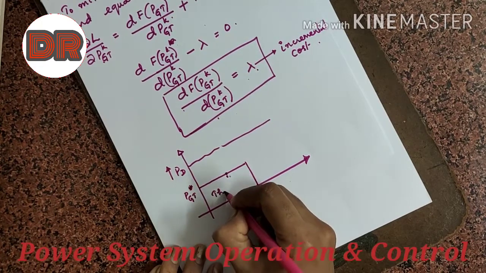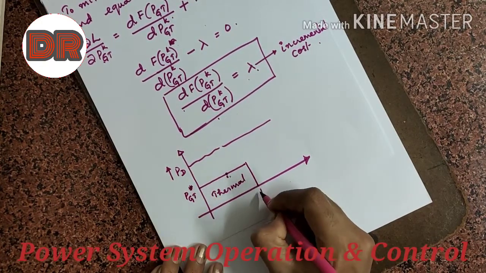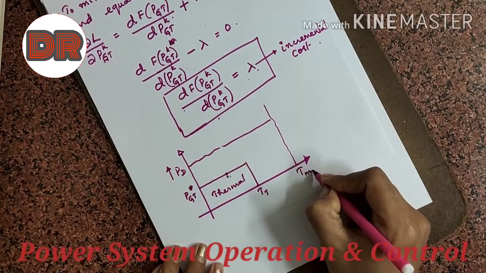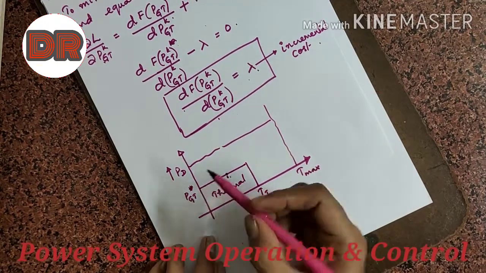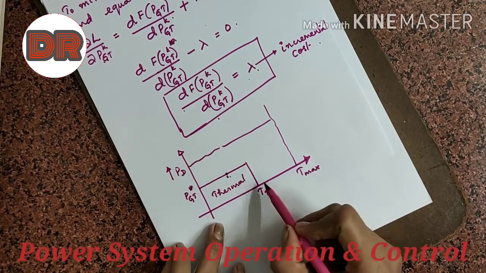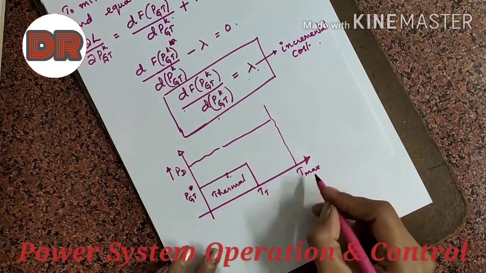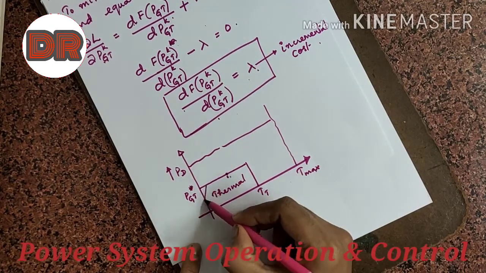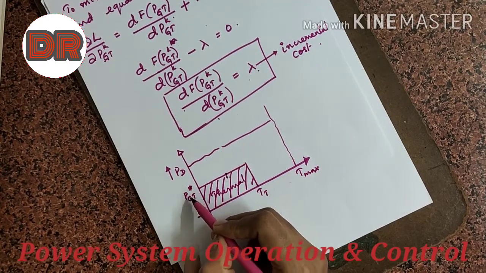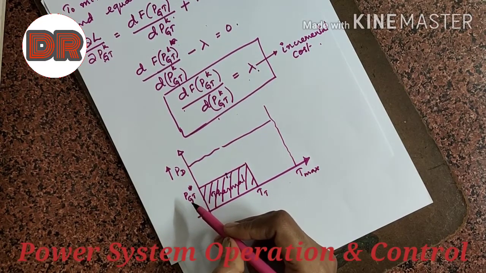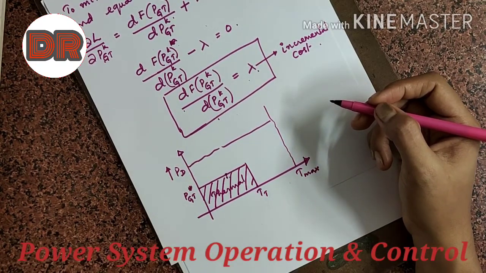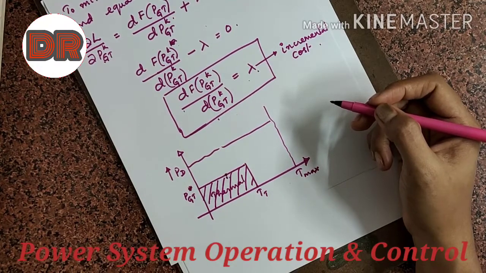So this is the thermal plant, this is Tt and this is Tmax. Whatever remaining power is there has to be supplied by hydro, and similarly for the remaining time period. So this is Tmax, and thermal is on only for this duration with this power generation, that is with the constant incremental cost. Why I have written star is that Pgt is the thermal power generation, but with the star I have written it for constant incremental cost.